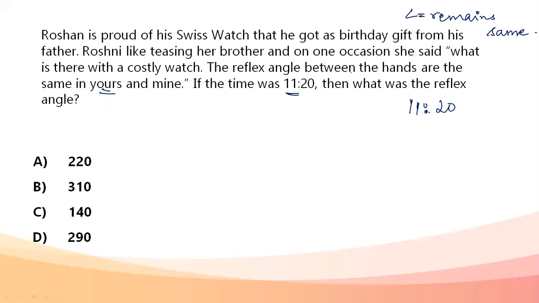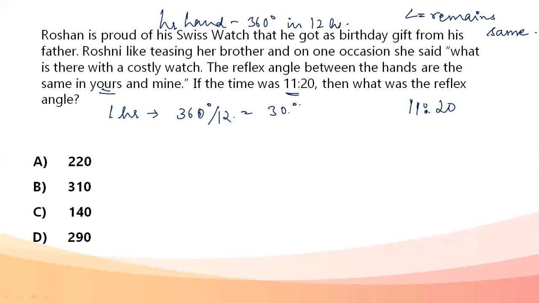How we're going to do this is calculate how much it moves per hour. Let's go first for the hour hand. In 1 hour, how much is it traveling? 360 degrees by 12, because the hour hand covers 360 degrees in 12 hours. So in 1 hour it covers 360 by 12, that is 30 degrees.